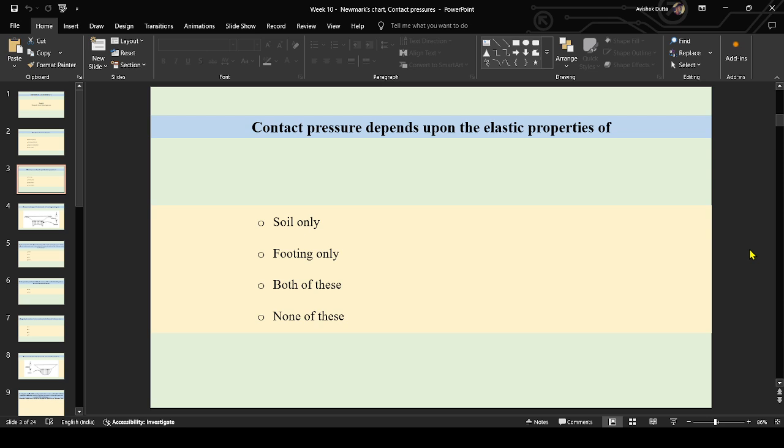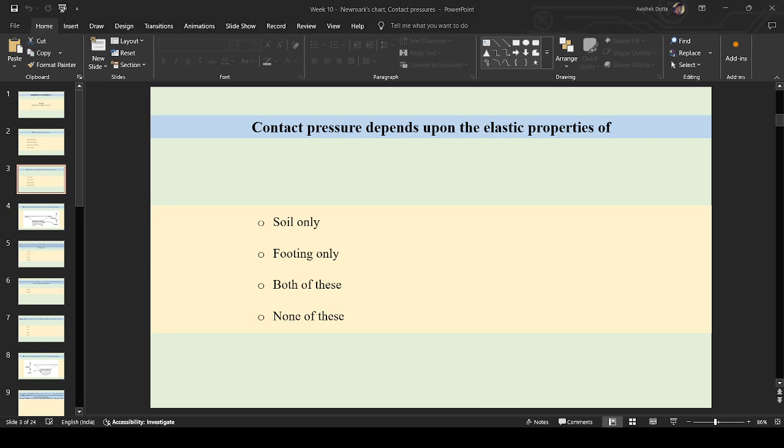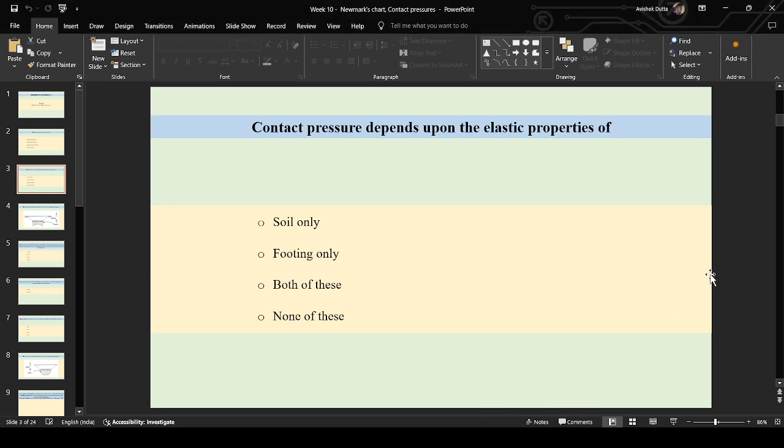I repeat the question. Contact pressure depends upon the elastic properties of: first option, soil only; second option, footing only; third option, both of these; and last option, none of these.